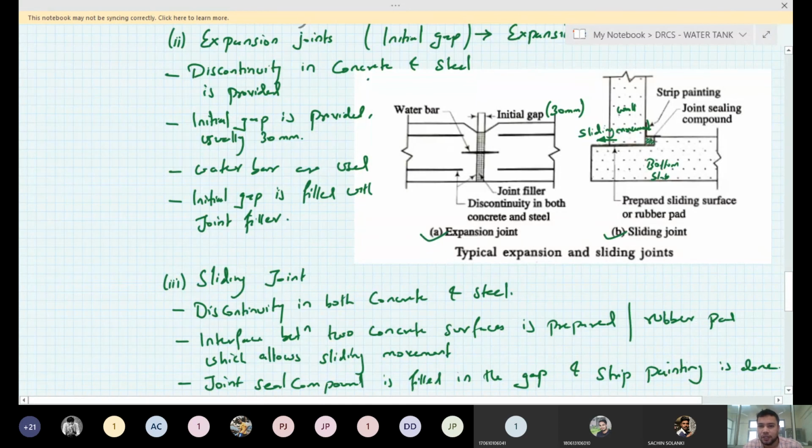In sliding joint, again we have a discontinuity in the concrete as well as the steel, and this vertical element can undergo sliding on the prepared surface, or it is placed on rubber pads. Then the gap is filled with the joint sealing compound, which is then strip painted.